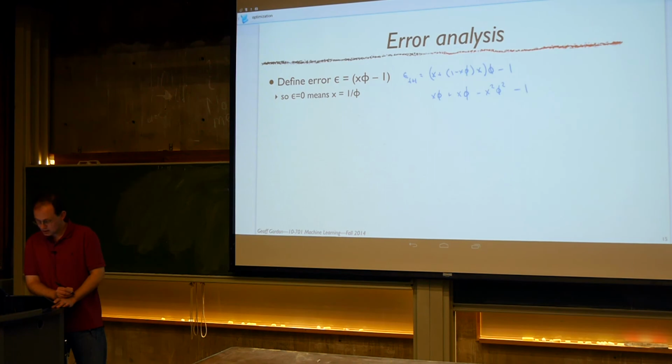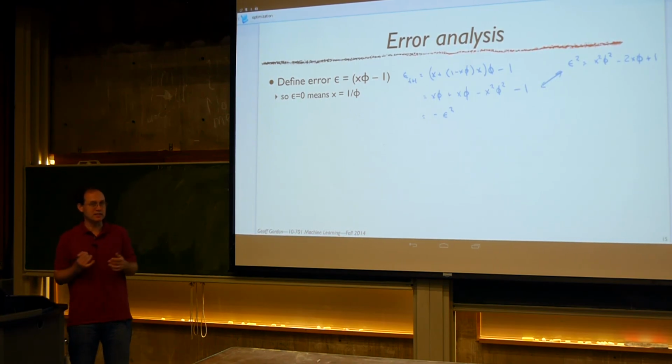And if we take epsilon and square it, we will get, sorry, epsilon squared is going to be x squared phi squared minus 2x phi plus 1, right? And that's the negative, so this is equal to the negative of epsilon squared, right? So if you just compare these two expressions, you can see that they've got the same terms with the opposite sign, right? So what have we done?